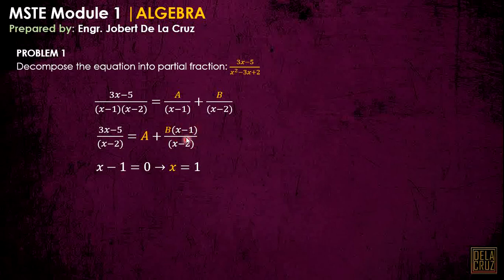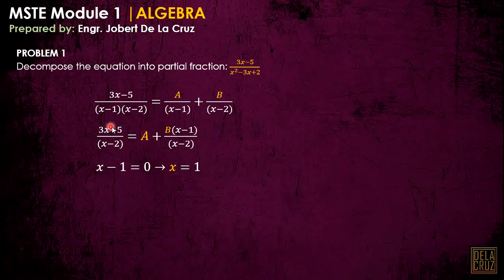This one. Therefore, that will be 1 minus 1. So, this will be automatically cancelled out. Meaning, yung other unknown natin is makakancel natin. Ang matitira is yung a. Okay? Gets?